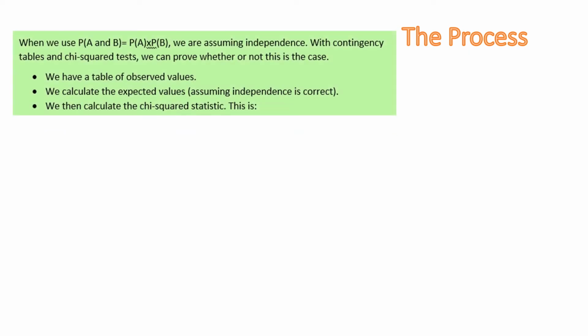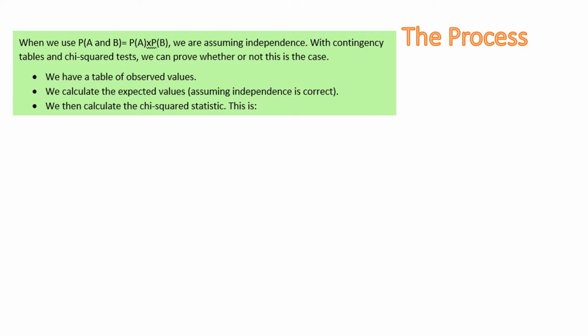So the process is that we are going to be working out the probability of A and B for the variables we're given, and we're going to have a table of observed values. This must be the case, that we've got observed values that have been gathered.